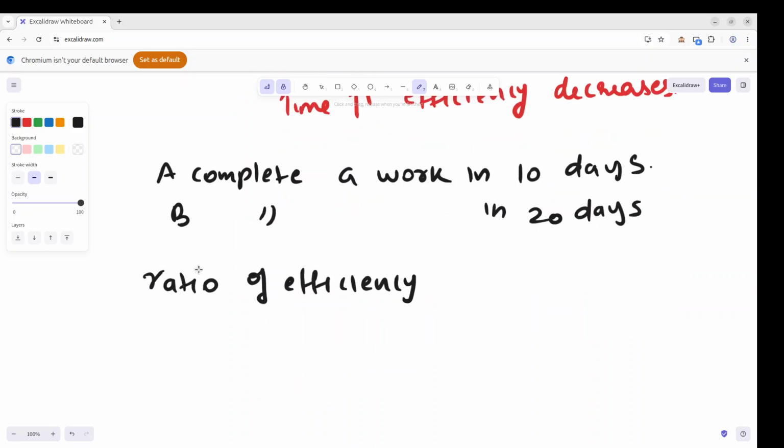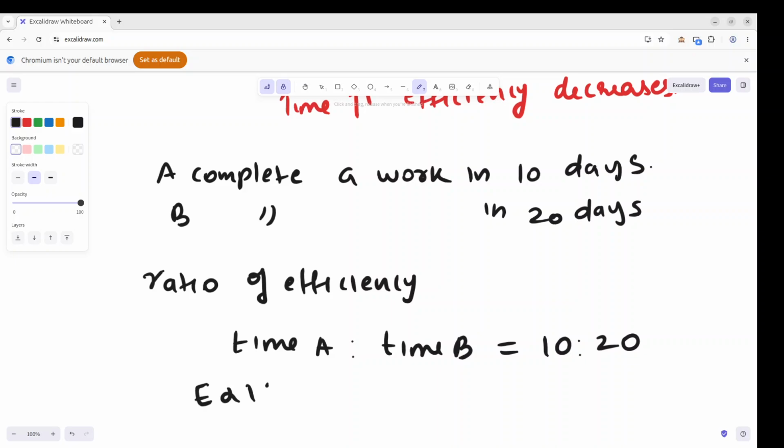What we have here is days, right? That means time. So first we are going to write the time ratio of A and B. Time A : time B is equal to 10:20. We already studied that efficiency is inversely proportional to time.